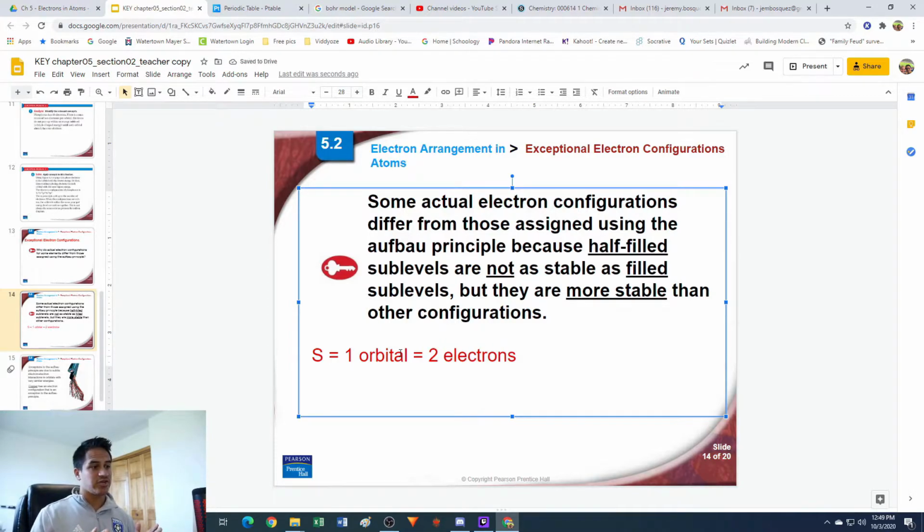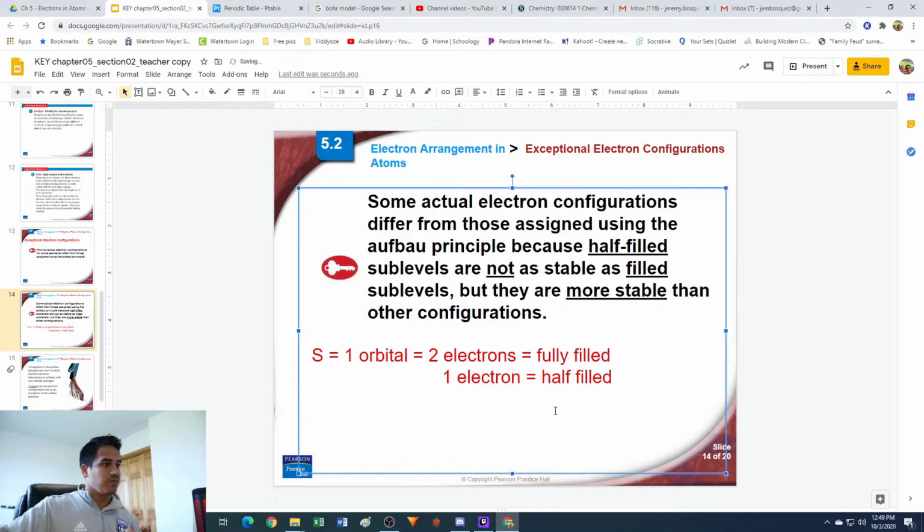That would be fully filled. If you had only 1 electron, that would be half filled, right? Because at most, it can have 2 electrons, so 1 electron is only half of that. Hopefully you're following along. That makes sense so far.